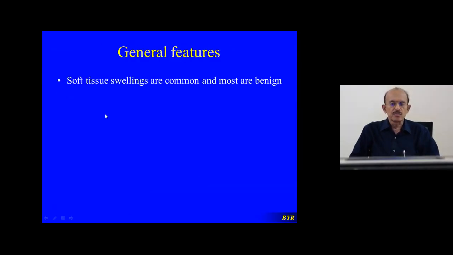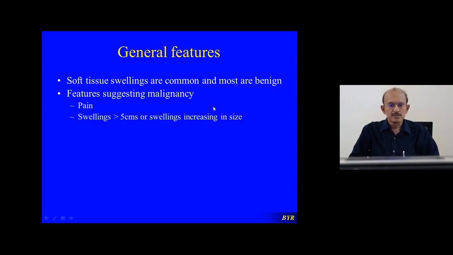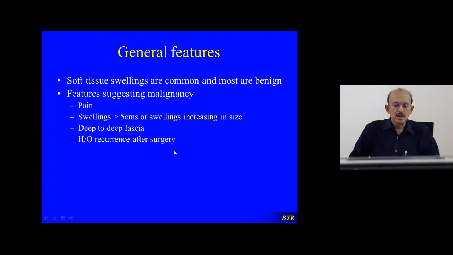General features of soft tissue tumors. Soft tissue swellings are common and most are benign. Features suggesting malignancy: pain, swellings more than 5 centimeters or swellings increasing in size, swelling deep to the deep fascia, history of recurrence after surgery.